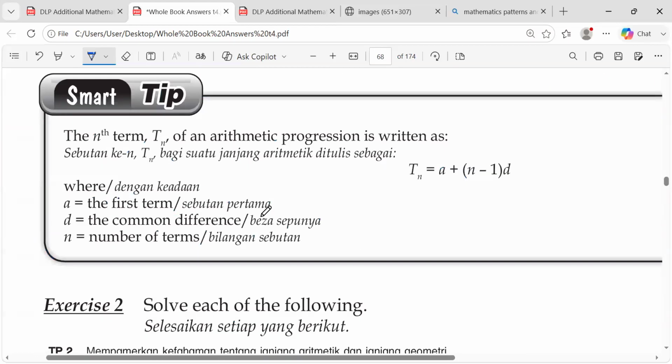So we have a formula for you, the formula for arithmetic progressions: Tn equals a plus (n minus 1) d.